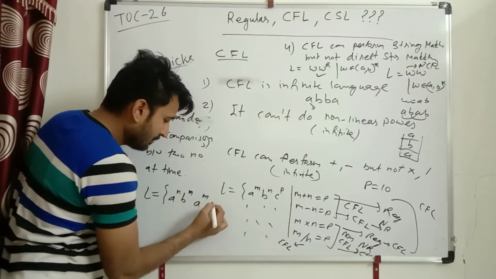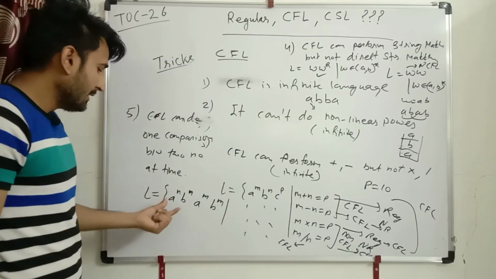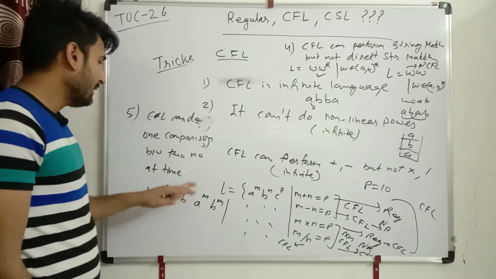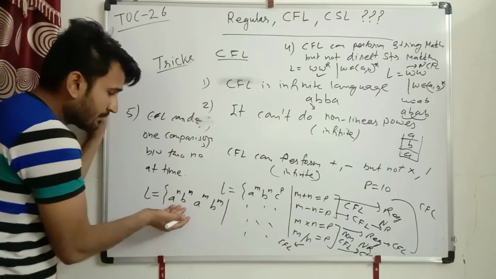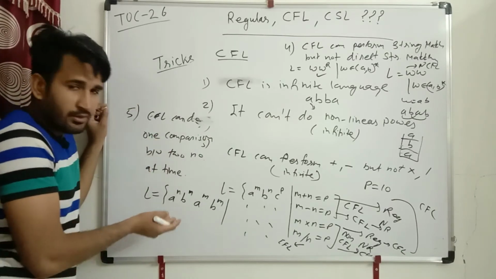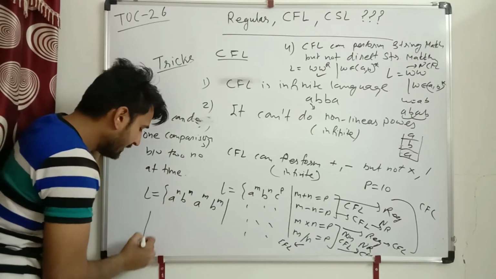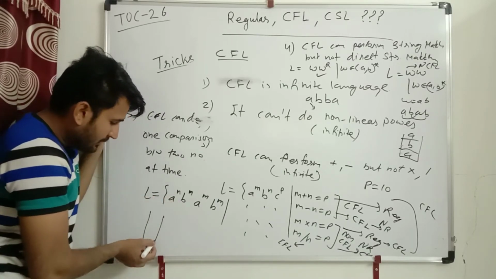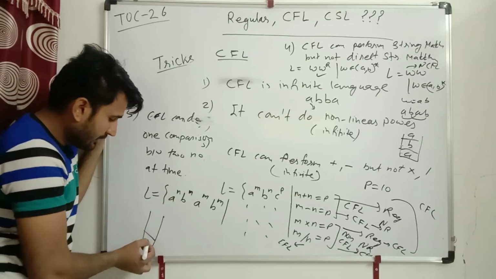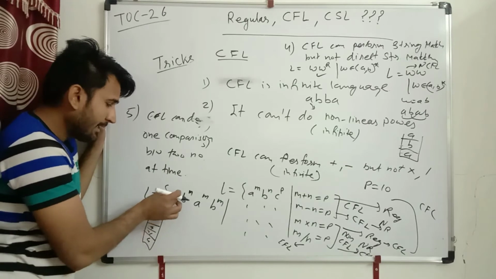a power m, b power n. This is the language, and it is linear. Let's see how the PDA performs. If A came, it will push A, n times.